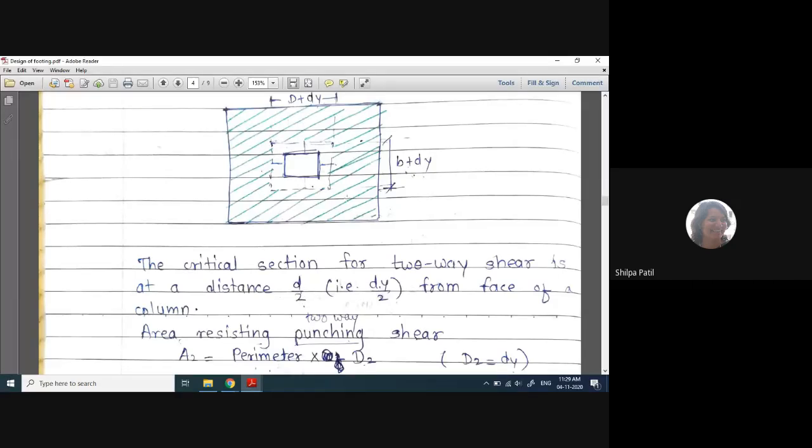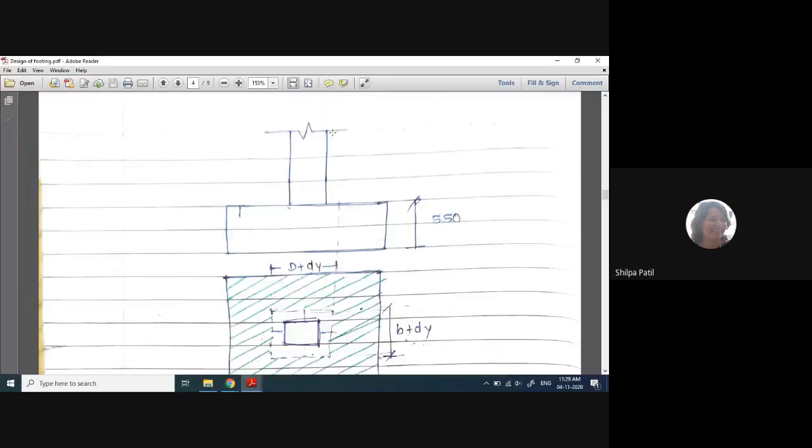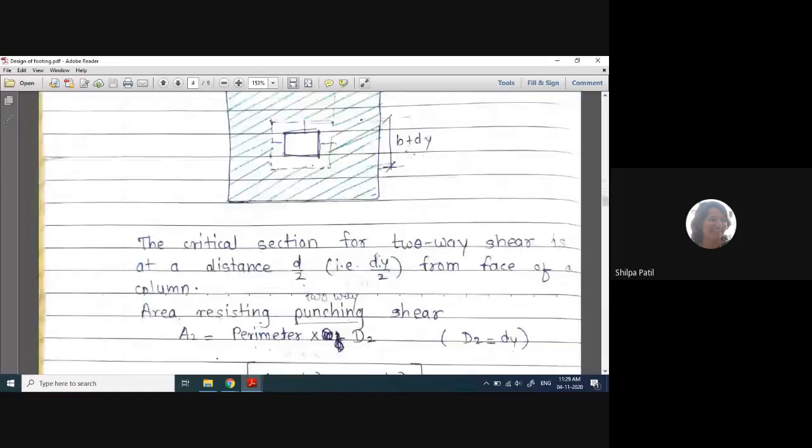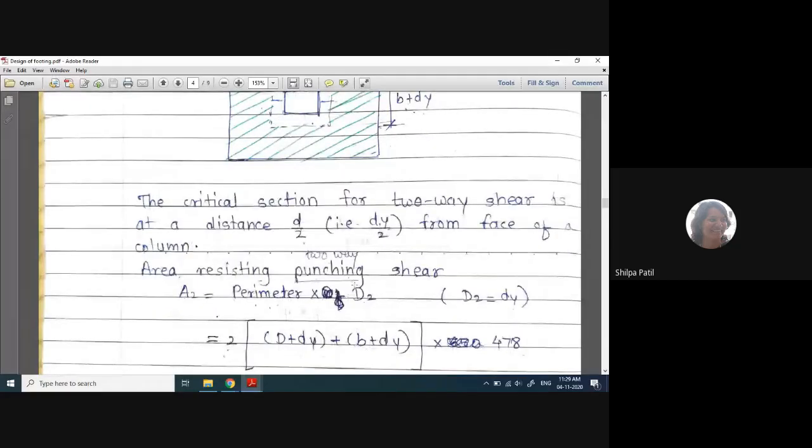Now d means the effective depth of the footing, which we have already calculated earlier. We calculated two values, dx and dy. Out of the two, the smaller one is always considered. If I go back to these calculations, dx was 490 and dy is 478. So for the smaller value, we consider the check for two-way shear.